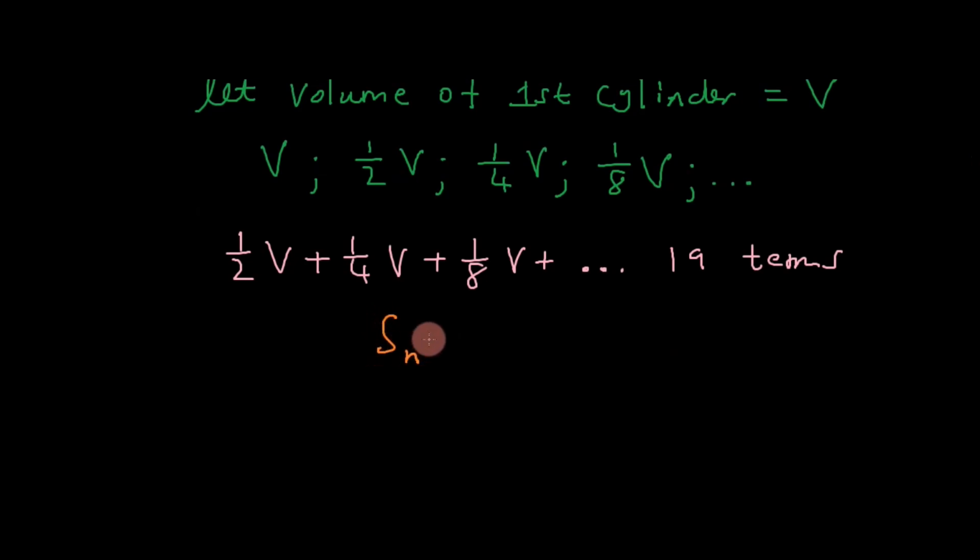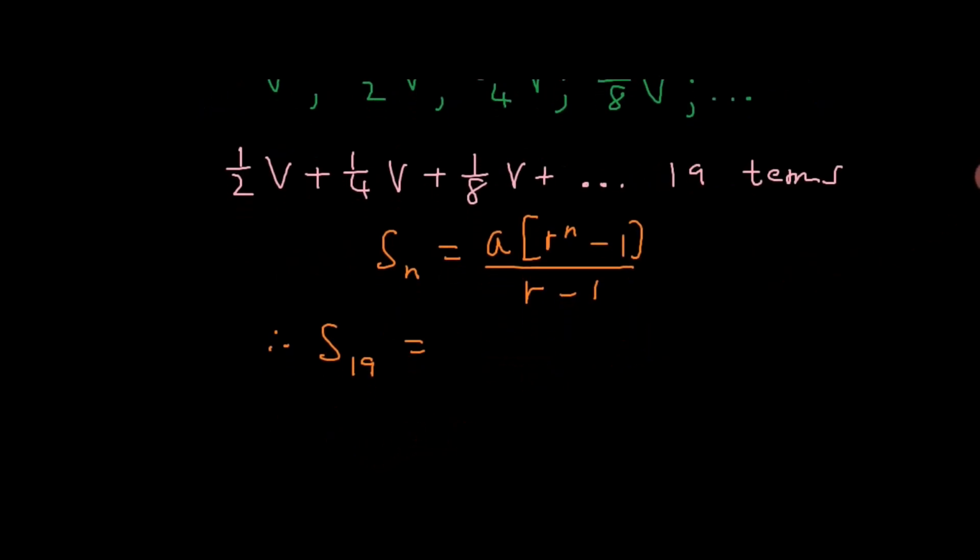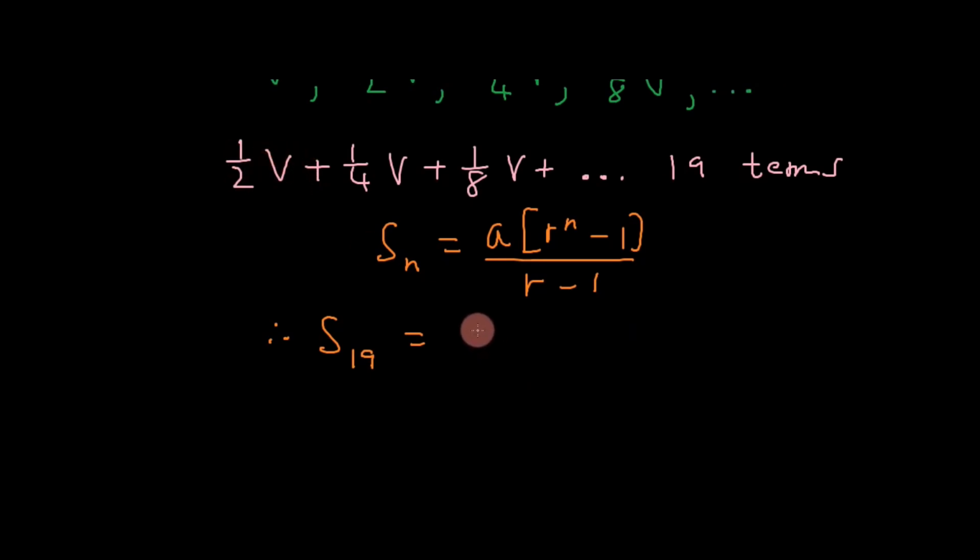So S sub n is a into r to the n minus 1 all over r minus 1. And we want S sub 19. So a, the first term, is a half V. r is a half because we are multiplying by a half each time.